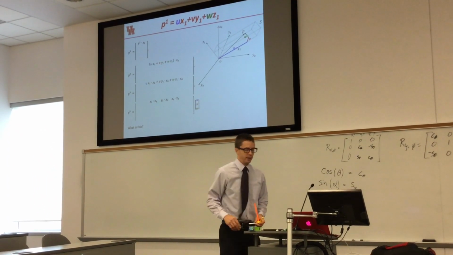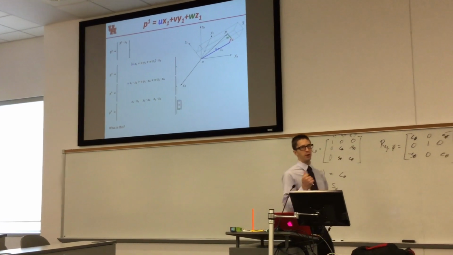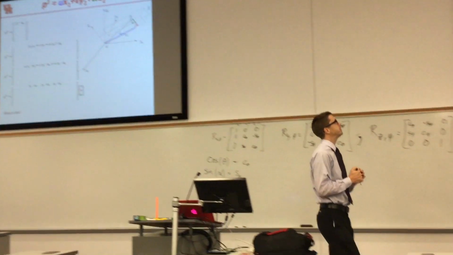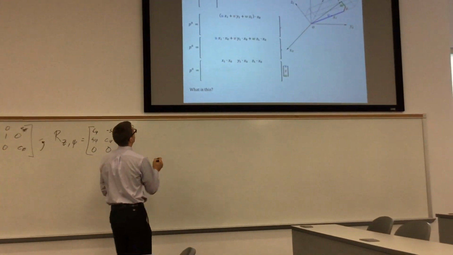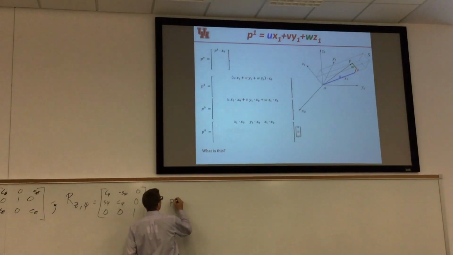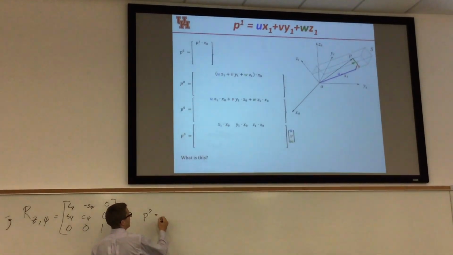What I have done here is I've just written out the first row, because the other rows are pretty similar. When I talk about P0, I'm saying in coordinate frame 0, what is P?